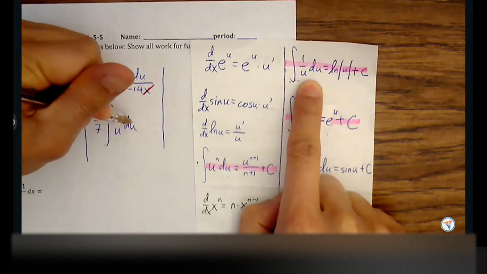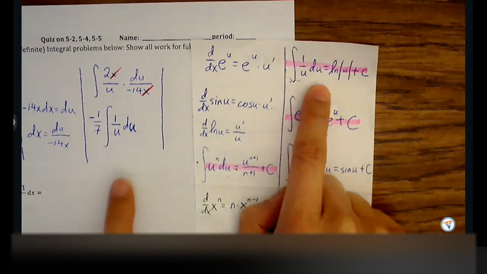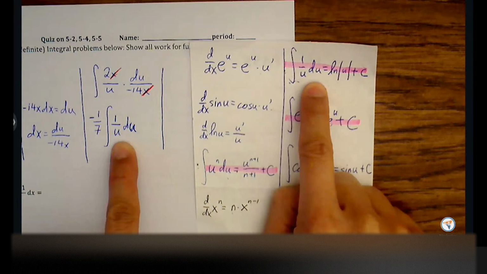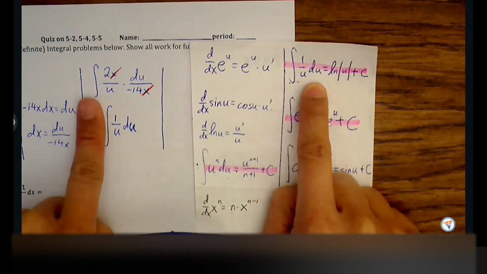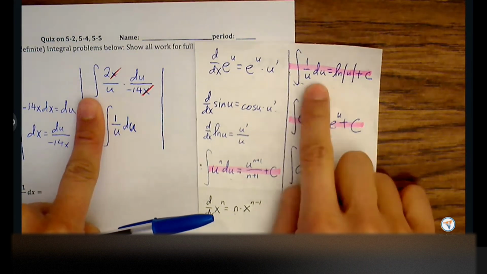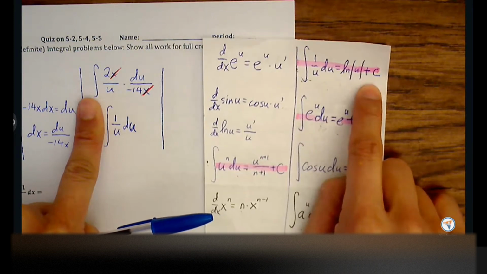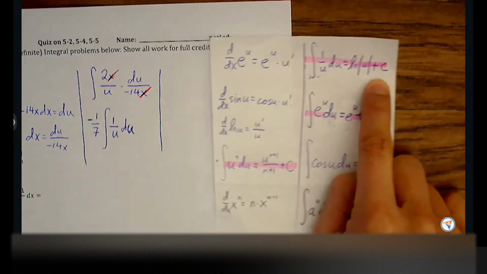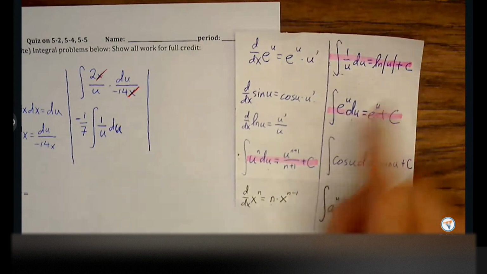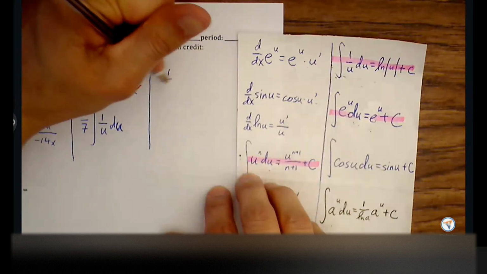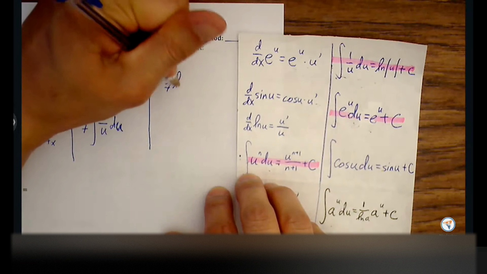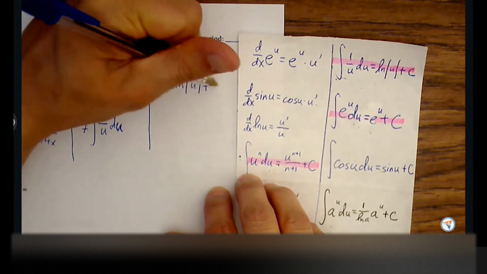You know you're ready for an integral rule if you have a perfect match. Once you cover up the coefficients, there should be a perfect match, and then you just follow what the rule says. So negative 1/7 natural log absolute value of u plus c.